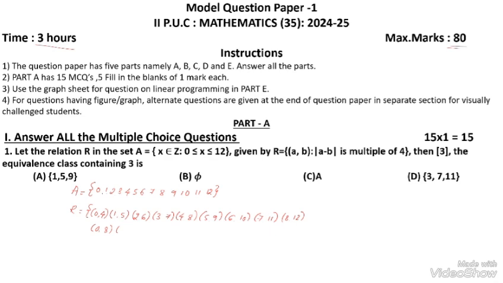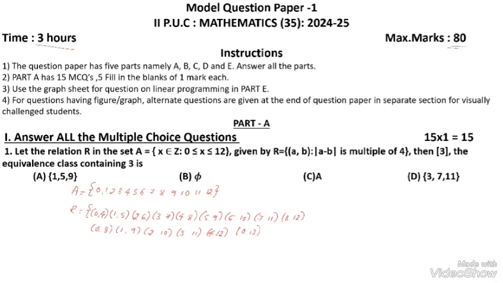Then 1 comma 9, 2 comma 10, 3 comma 11 and 4 comma 12. These are the pairs. And the last one, 0 comma 12: 0 minus 12 gives 12.